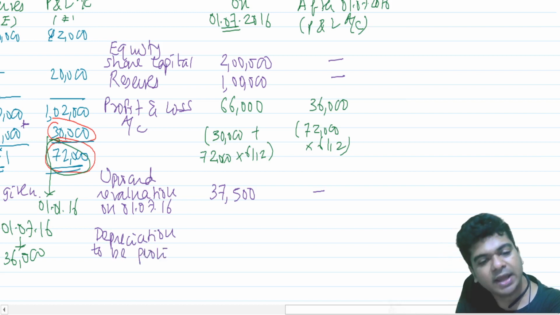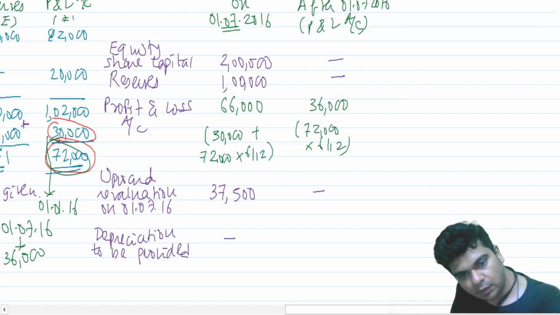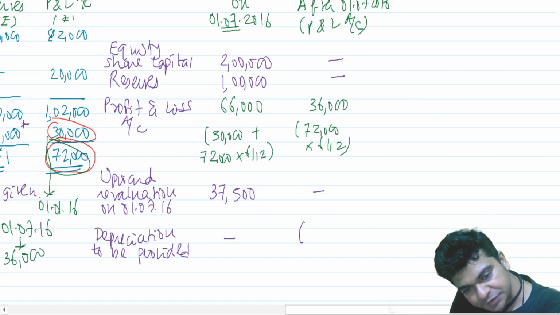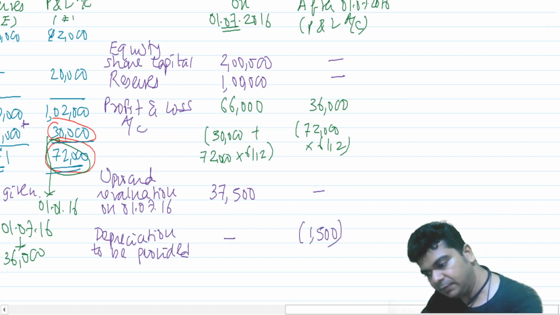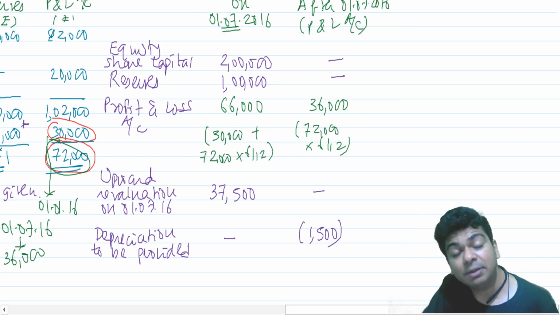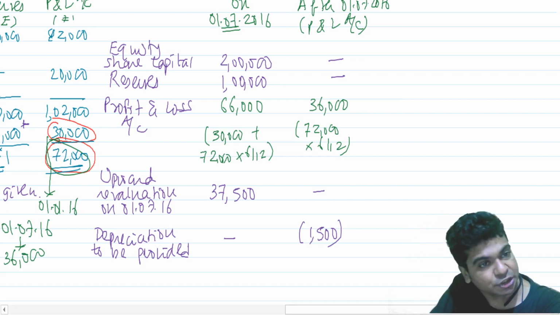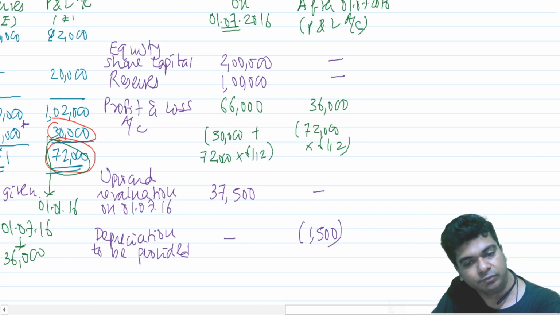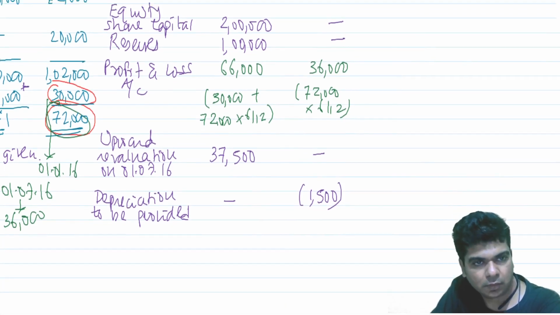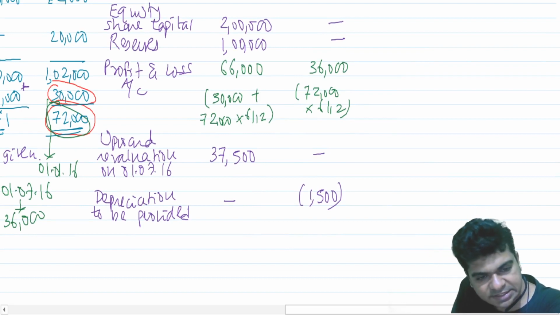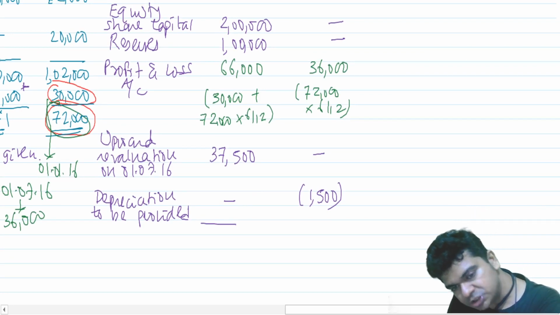It is to be provided for the period after we acquired the shares, 1,500, right? So 1,500 will be debited to the P&L. It's the additional depreciation to be provided. That's the reason. Let's take an intermittent total right now.